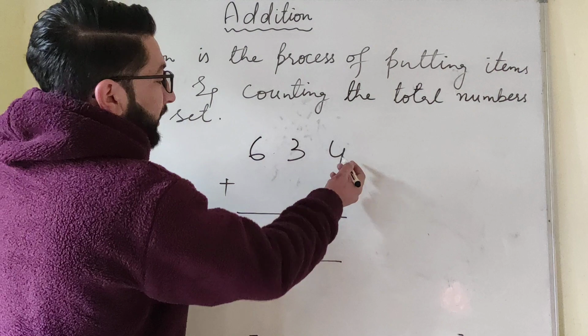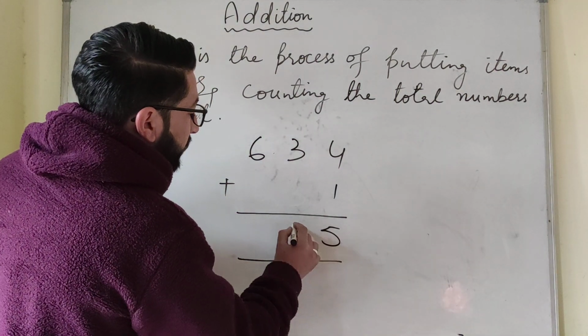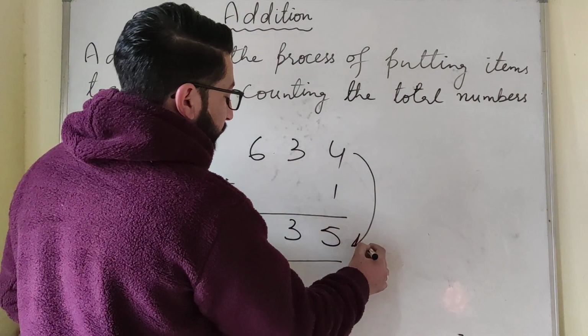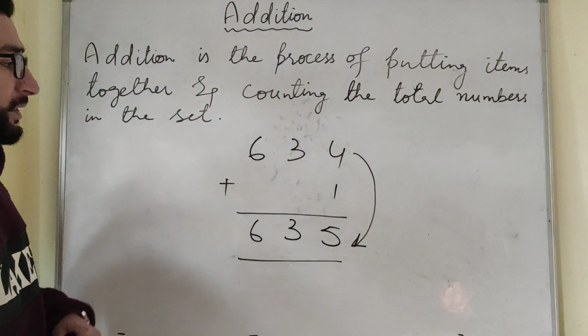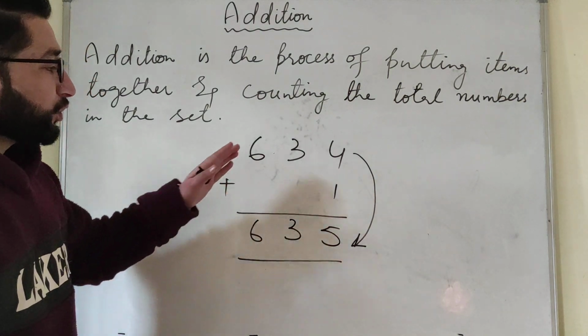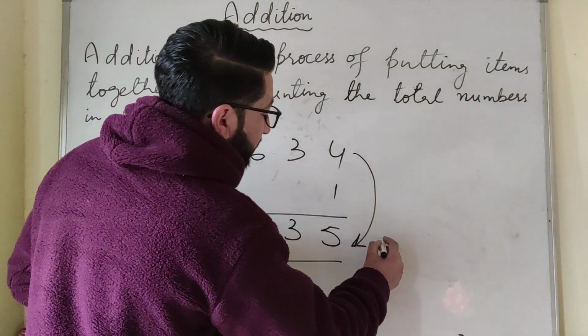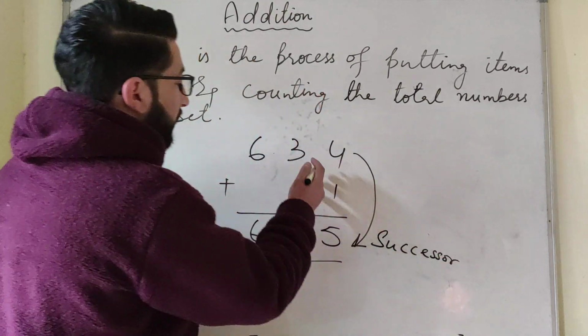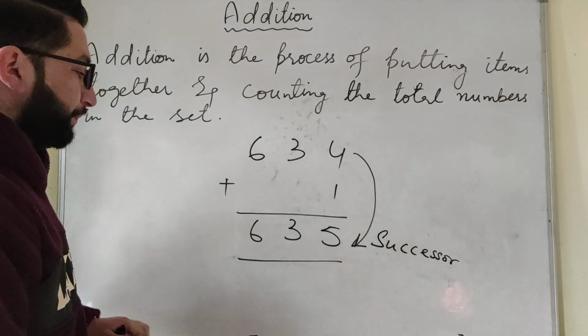So here it is 4 plus 1 is 5, it is 3 and it is 6. So after 634, when we count numbers, after 634 there is 635. So we can say that 635 is the successor of number 634.